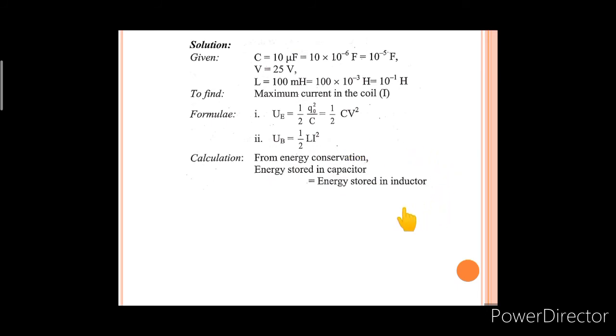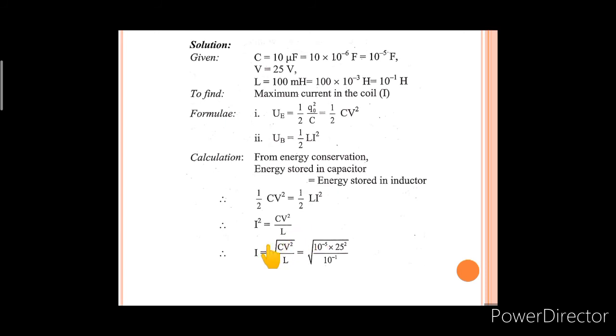From the energy conservation, the energy stored in the capacitor is equal to the energy stored in the inductor. So over here we can say that UE is equal to UB, and hence half CV square is equal to half Li square. Half gets cancelled, and after rearranging the equation for I square we can write CV square upon L.